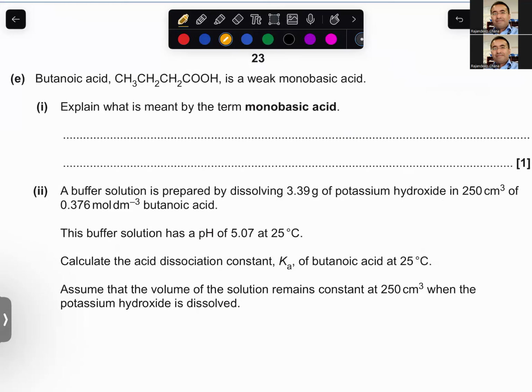What is meant by the term monobasic? Anyway, it's an acid and it gives off 1 H plus. Mono is 1. And this supports the idea that one molecule of butanoic acid gives 1 ion of H plus.